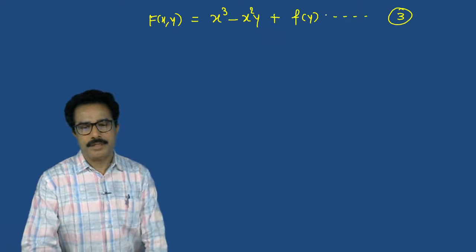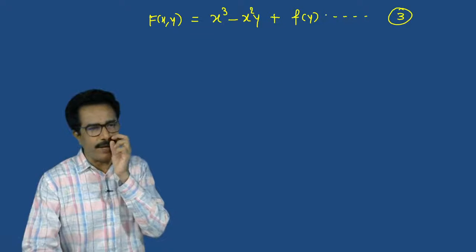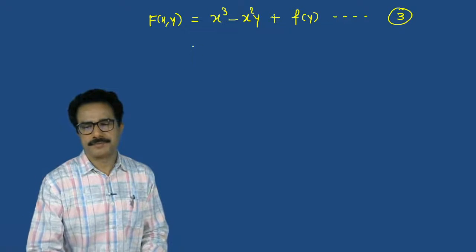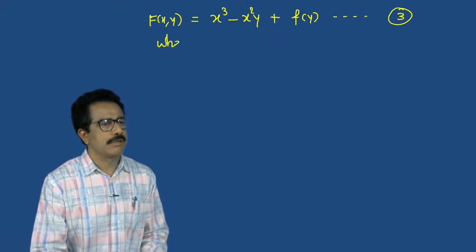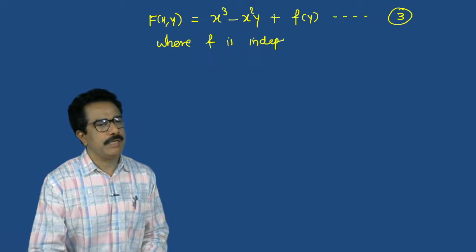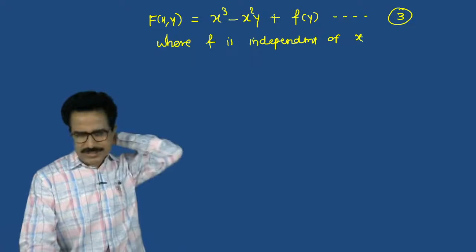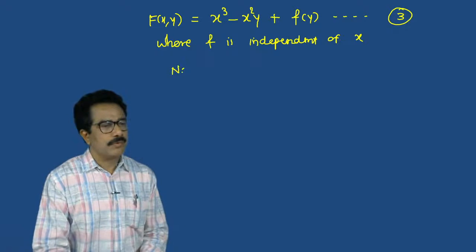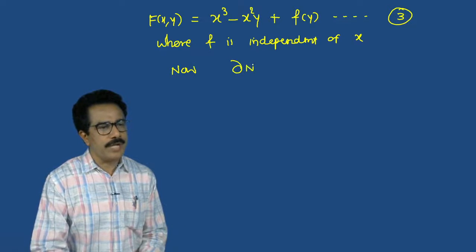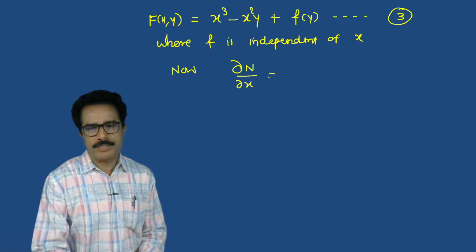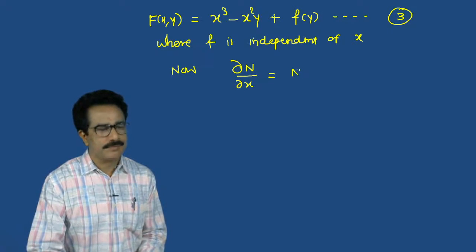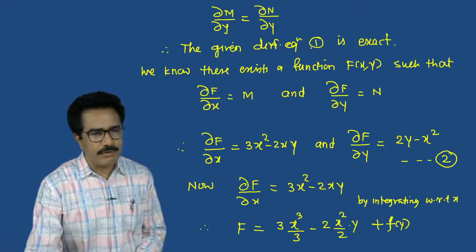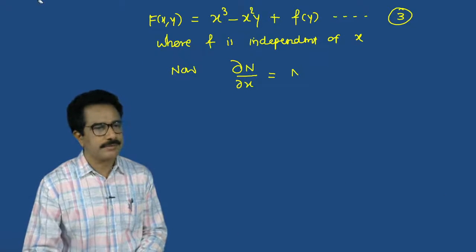Here small f is independent of x, which is the constant of integration. Now we know that ∂F/∂y equals capital N, and capital N means 2y minus x square.